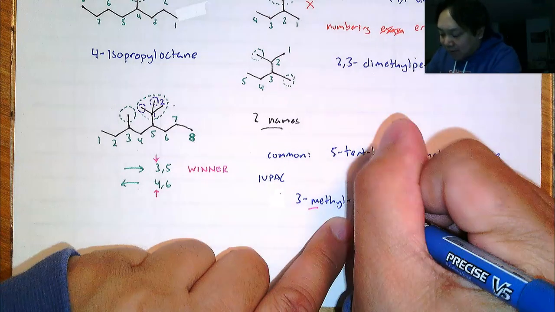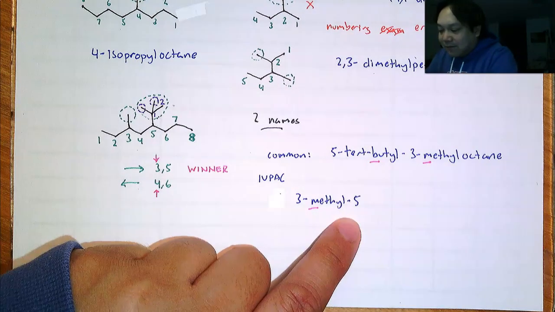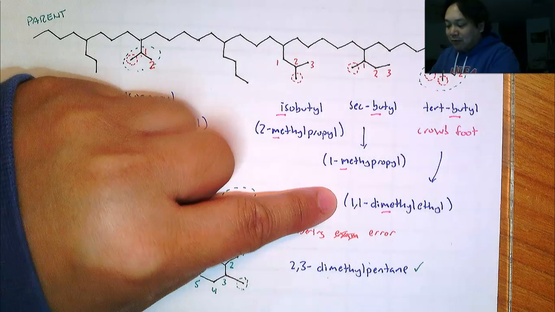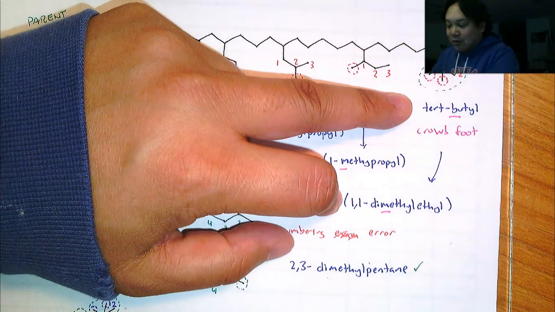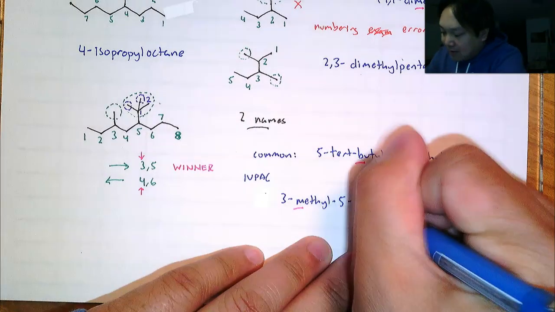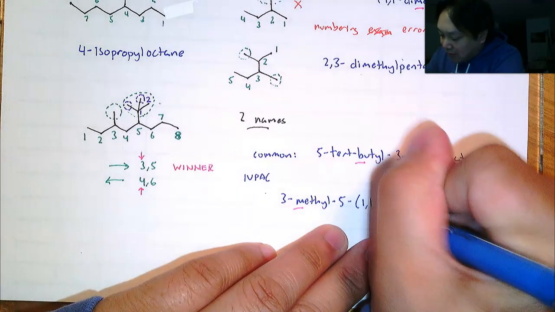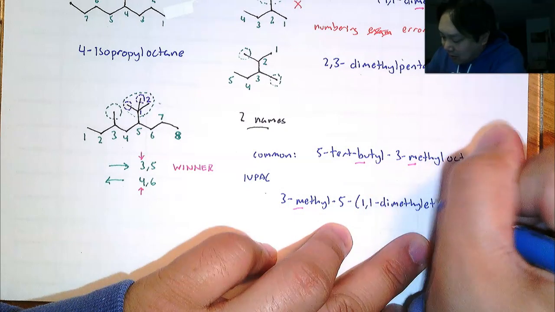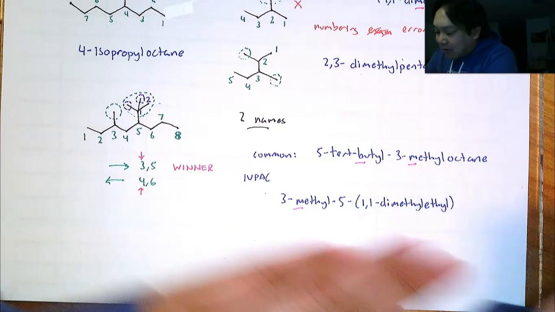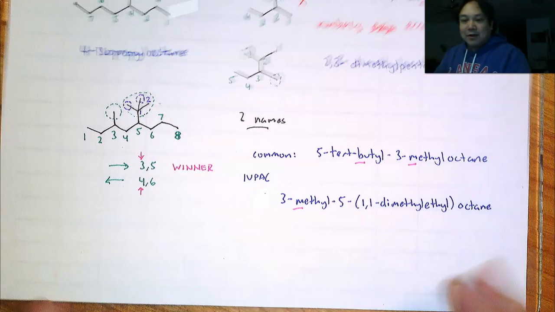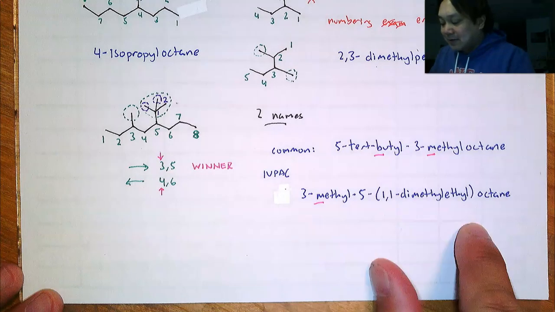Dash, because we have a number first. And that, see, that 5 is not part of the group. The group is tert-butyl or 1,1-dimethyl ethyl. But it's on carbon number 5. So the 5 is outside the parentheses. And then we have 1,1-dimethyl ethyl. And try to write your name all on one line. Try not to start at a second line.